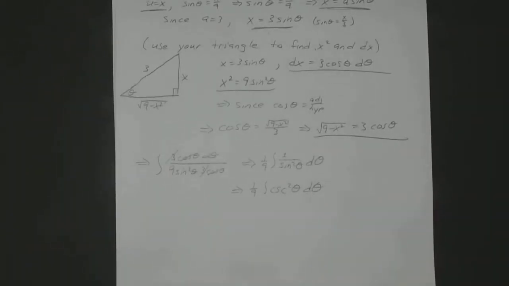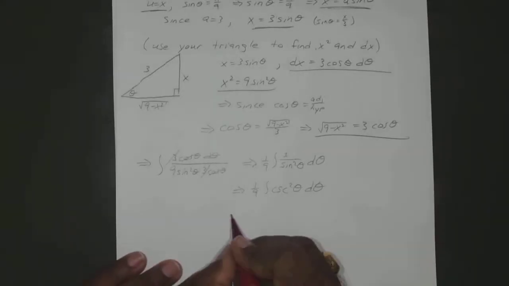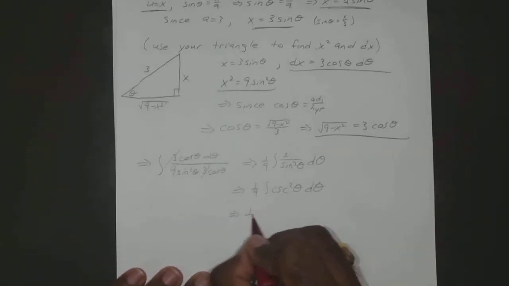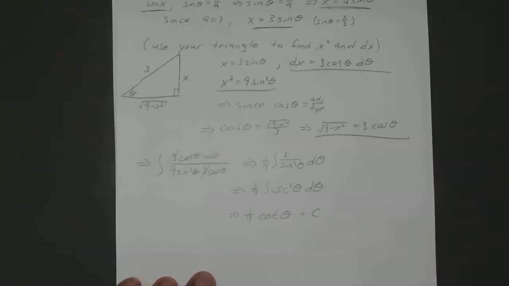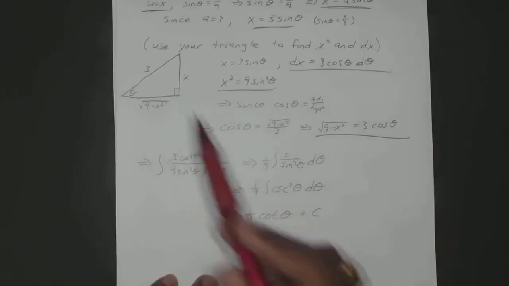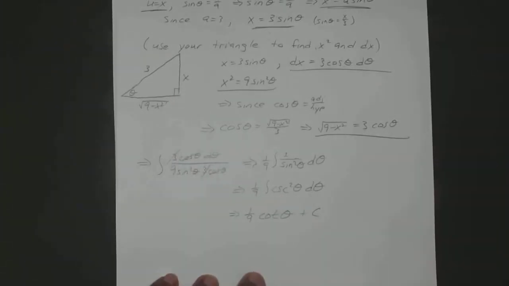We know the integral of cosecant squared is cotangent, so you have 1 over 9 cotangent theta plus c. That's actually not your final answer. Your final answer will be once you use the triangle to translate that back to a function of x.